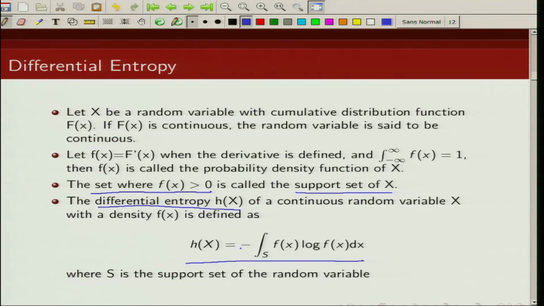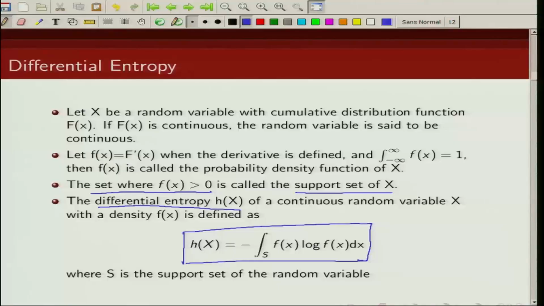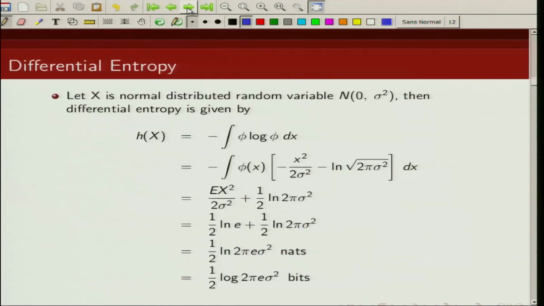It's defined as minus the integration of the probability density function times log of the probability density function, integrated over the support set of this random variable. So this is how we define differential entropy. If you recall, for a discrete random variable we define entropy as minus the summation of p of x log of p of x. So this is very similar to that.